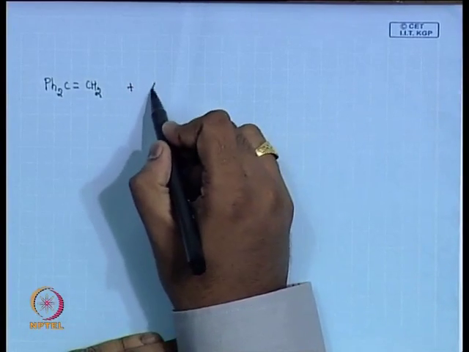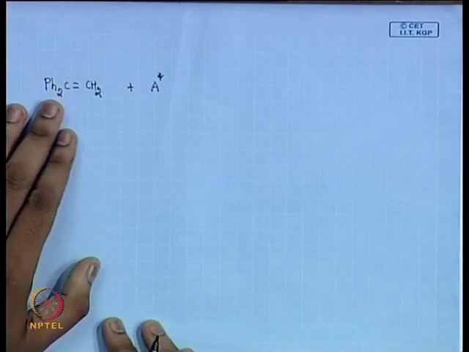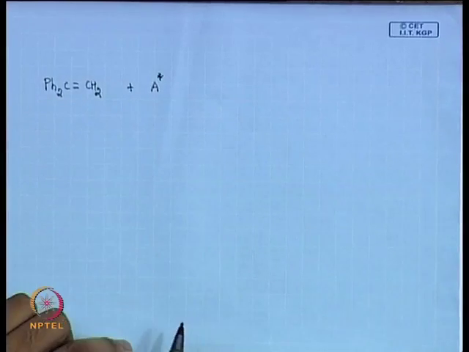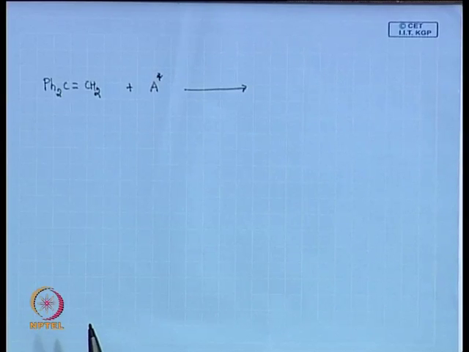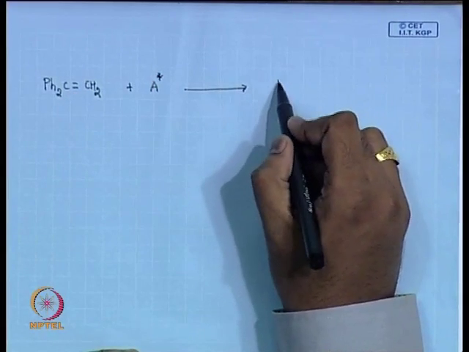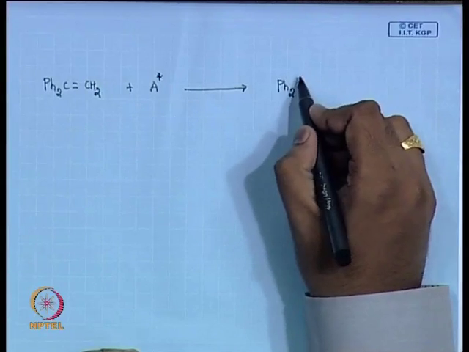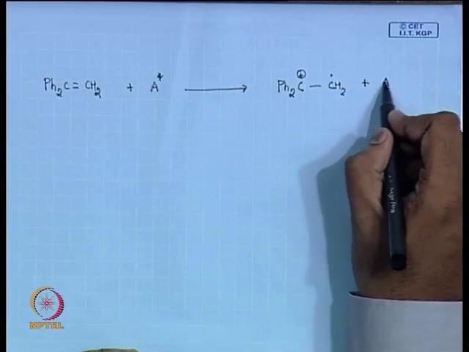So, I have an acceptor. First condition is that I am exciting my acceptor, I am not exciting my substrate. What can the acceptor do now? It can take an electron from your pi system, right. So, you will end up with Ph2C=CH2 radical cation plus A radical anion.